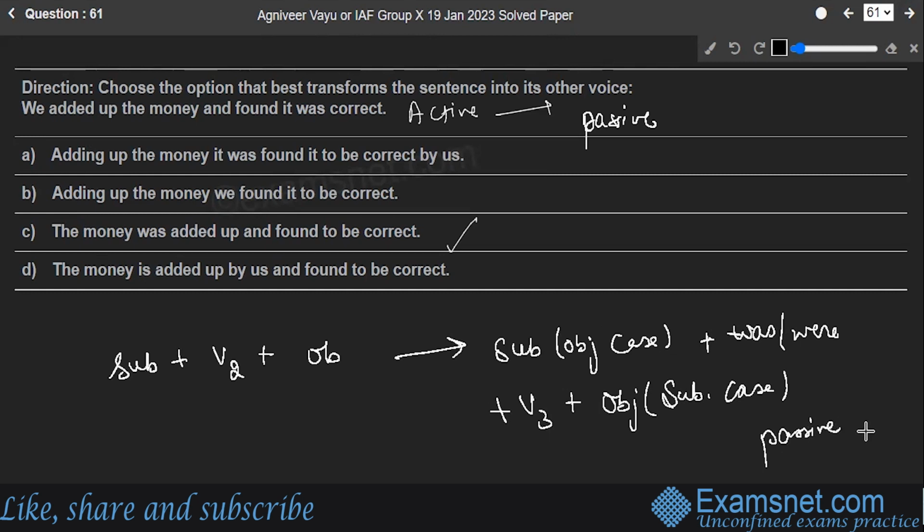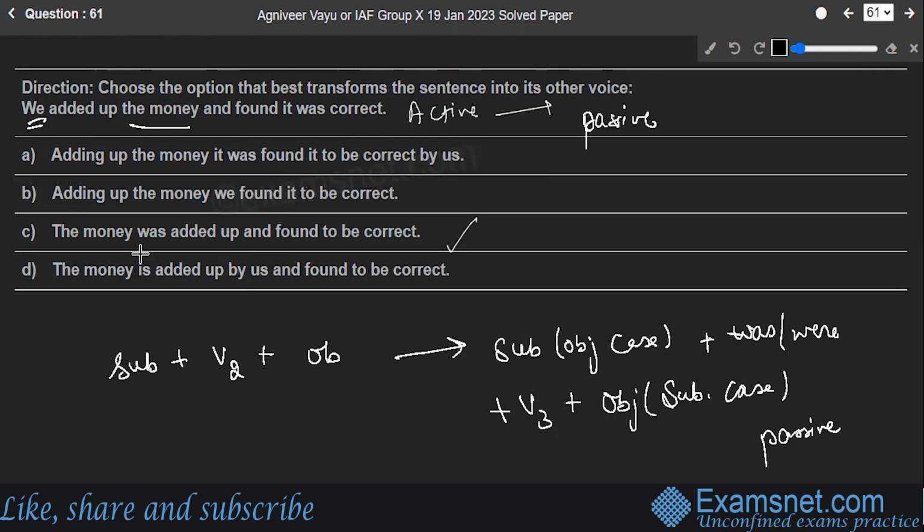Okay. So now over here we added up the money and found it was correct. The subject in the sentence is we. The object of the given sentence is the money. The object will be put in the place of the subject, and added up will be changed into was added up.